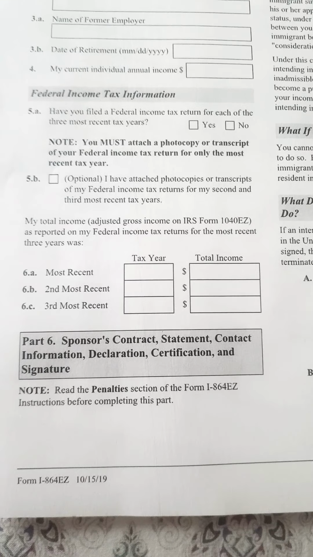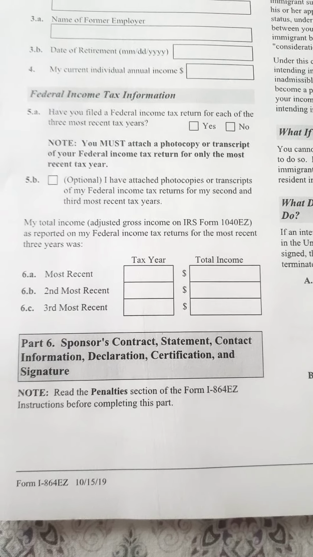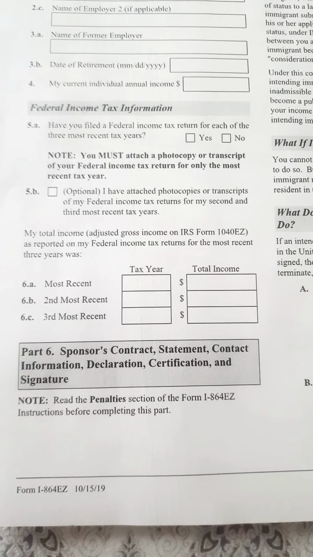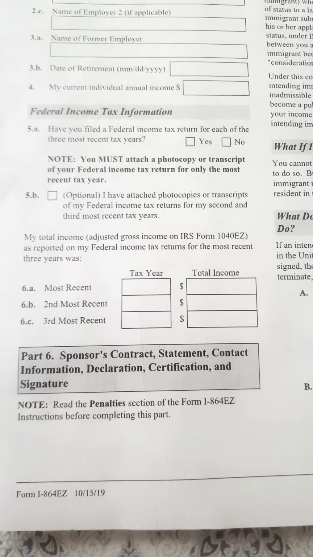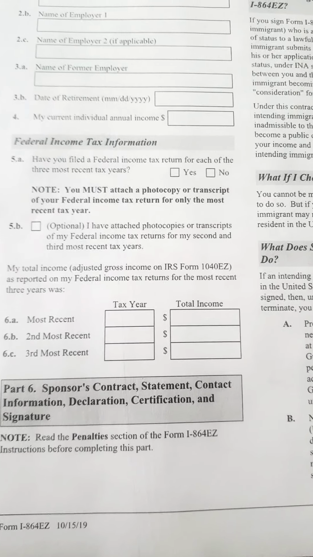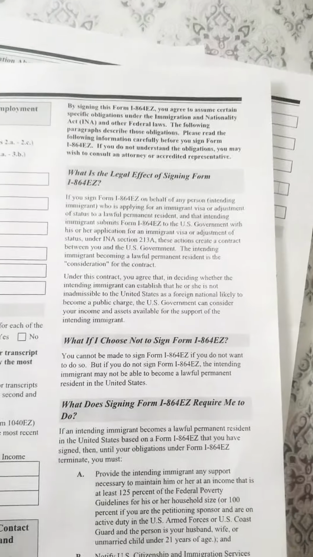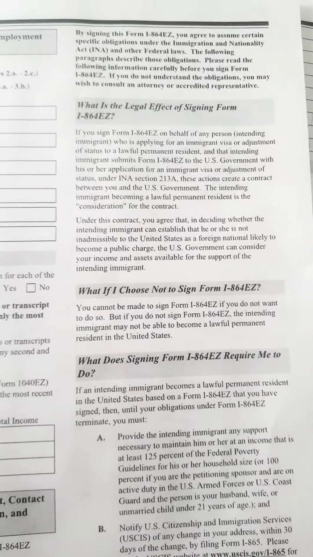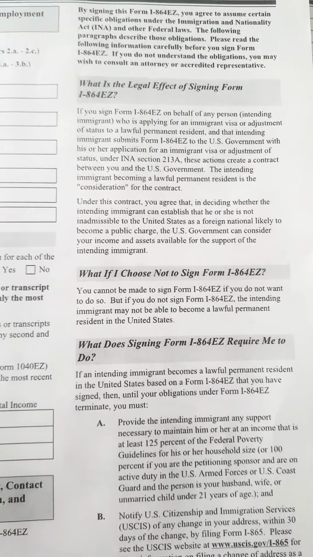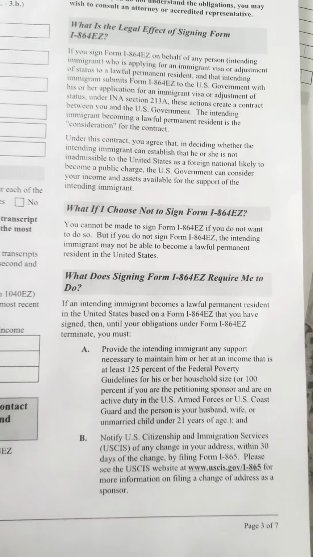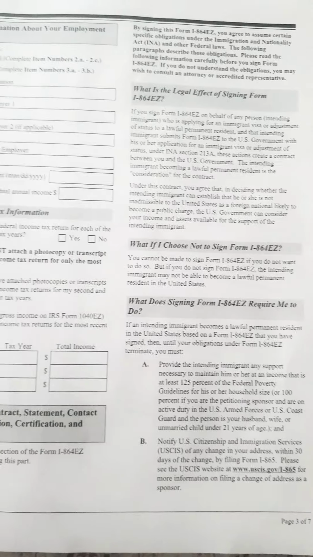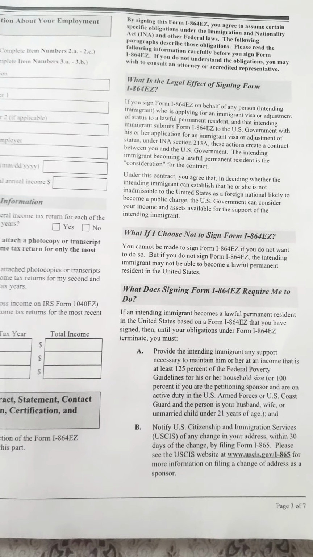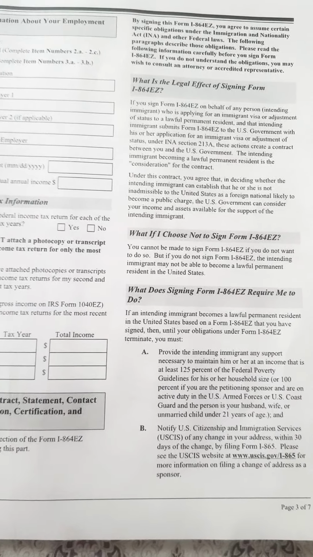It says, note, read the penalties section of the Form I-864EZ instructions before completing this part. So you have to read this part very carefully, very, very carefully, before you fill this part.